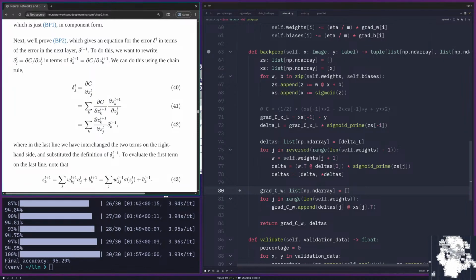So the first term is the derivative of z of the next layer with respect to z of this layer.